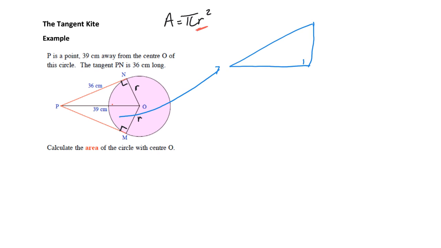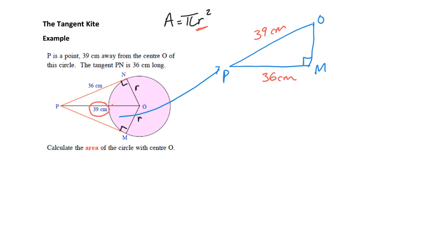So we've got a right angle triangle from O to M to P. You can see that the hypotenuse is 39 centimeters, and based on the top triangle, PN is the same size as PM, with all the conditions of a kite, so we can see that the shorter side on here is 36.